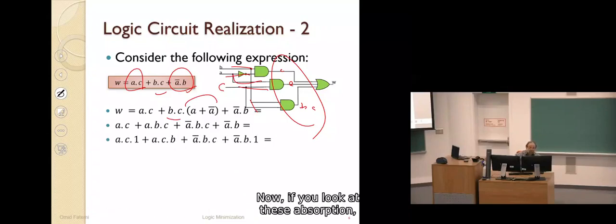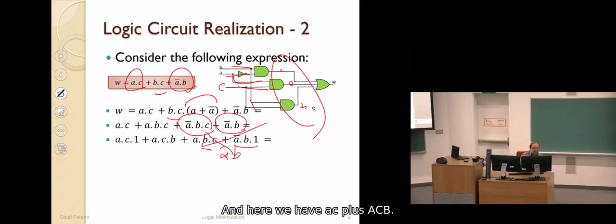Now, if you look at these, absorption, either you say it is absorption or you just make it like this. So this is A naught B plus A naught BC. This is absorption. So the result would be A naught B. And here we have AC plus ACB. So this is another absorption.